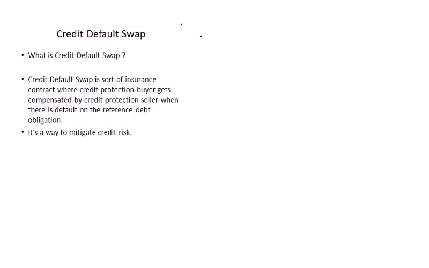The credit protection seller will pay off the promised payments to the buyer. These two parties get involved with each other to mitigate credit risk, and we move on now to understand how the CDS contracts are standardized.